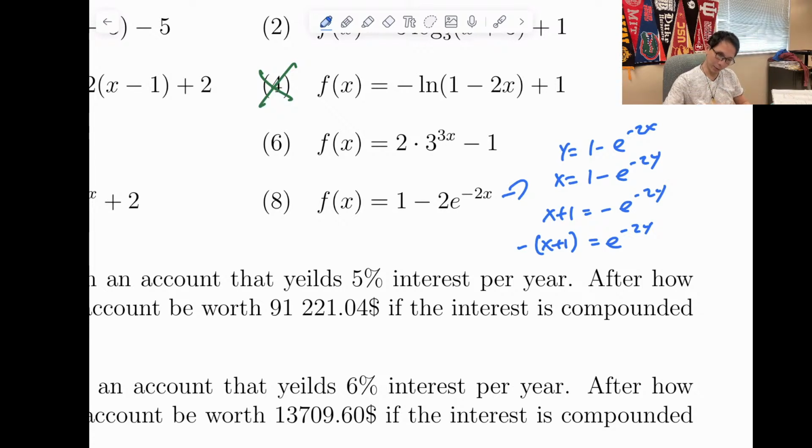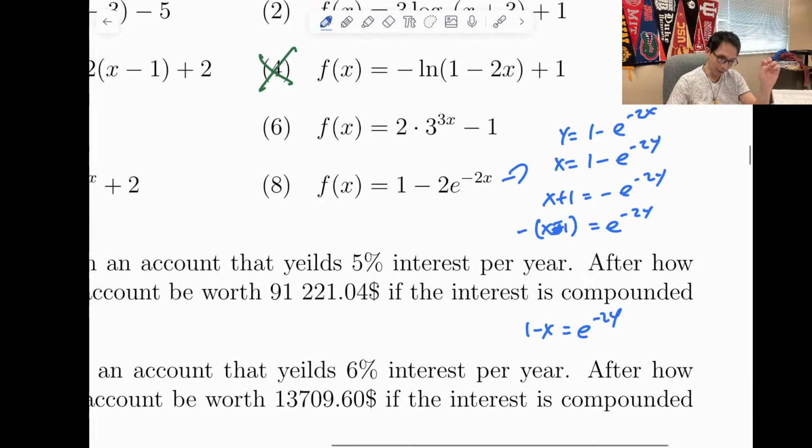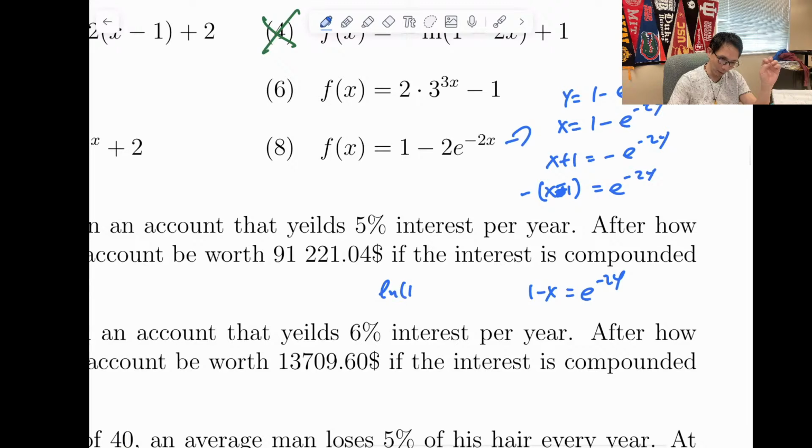So 1 minus x equals e to the -2y. Now remember, what's the inverse of e? ln. Good. So ln of 1 minus x equals -2y.